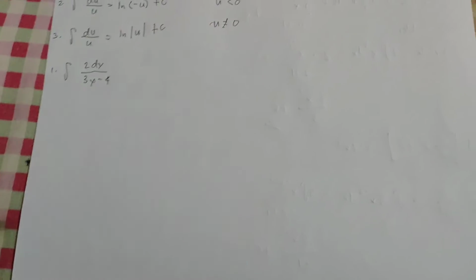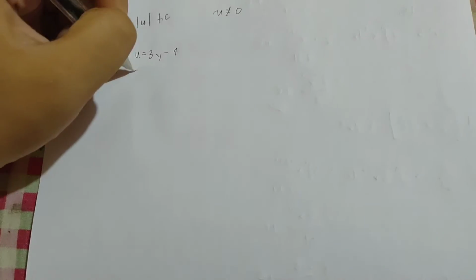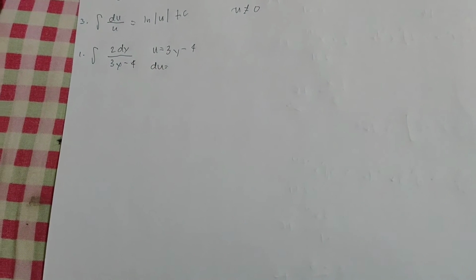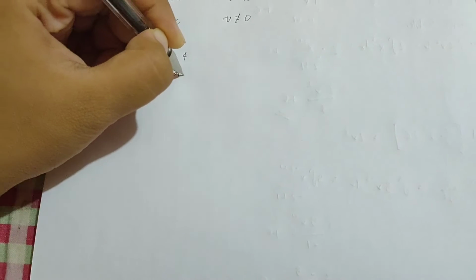In this problem, I will be using the u substitution. Let our u be 3y minus 4. The derivative of 3y minus 4 is 3 dy.